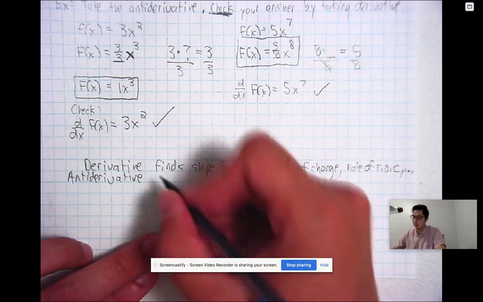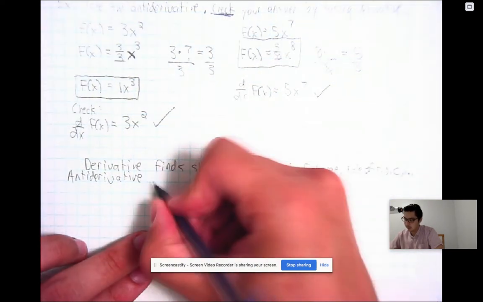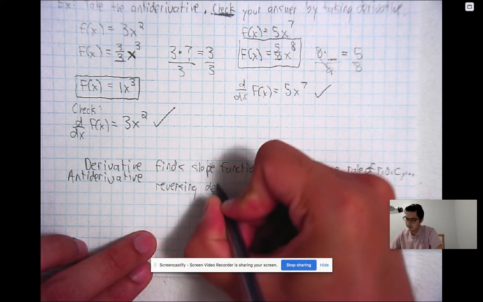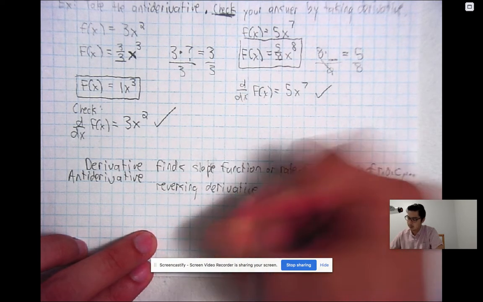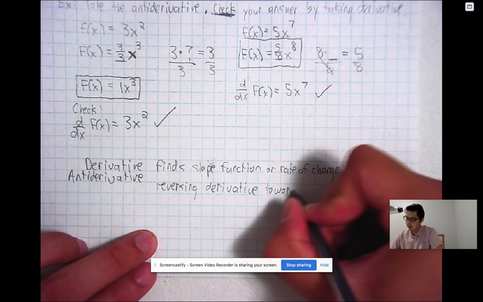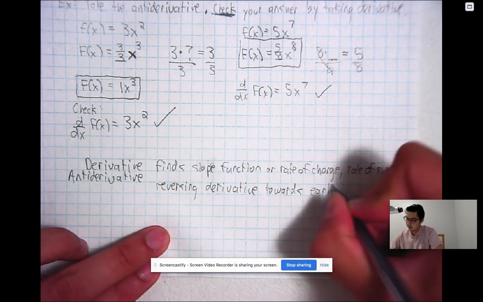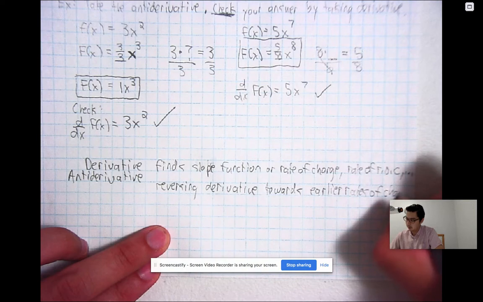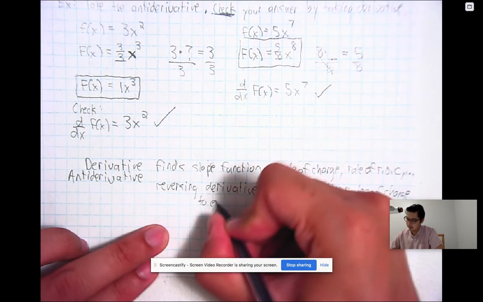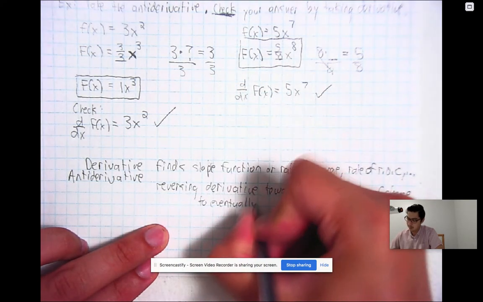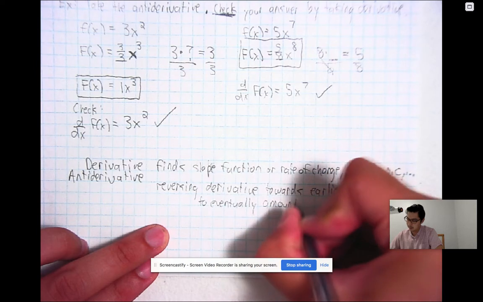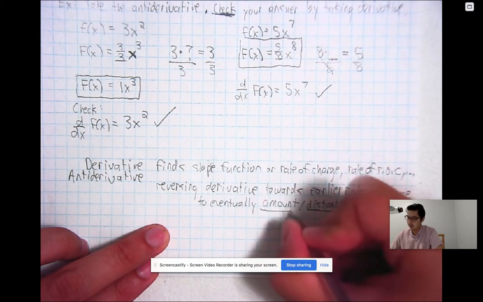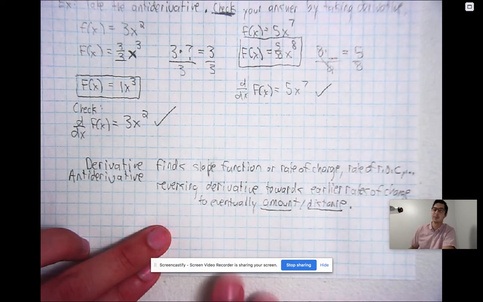Antiderivative would work backwards, where you are kind of reversing the derivative towards earlier rates of change, to eventually an amount of something, or distance. Because eventually, if you work backwards enough, you're going to be at that value. All right.